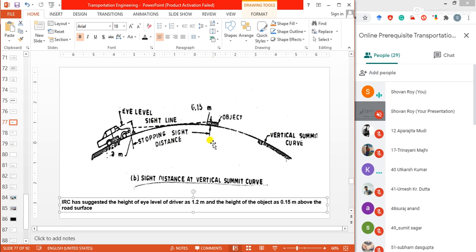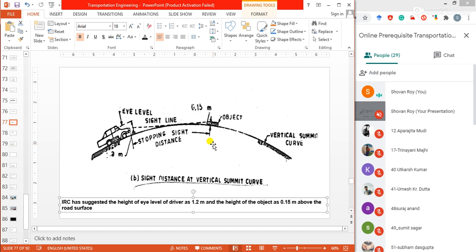And stopping sight distance is the safe distance at which my vehicle has to be stopped. That safe distance is called stopping sight distance. Okay.